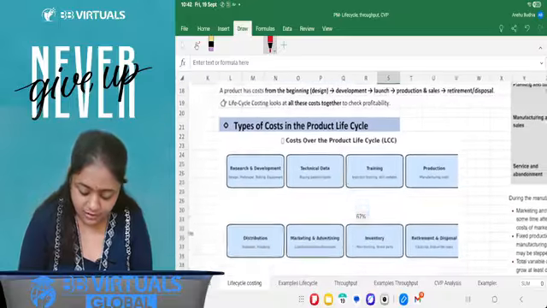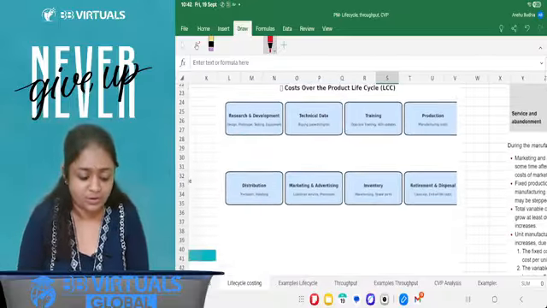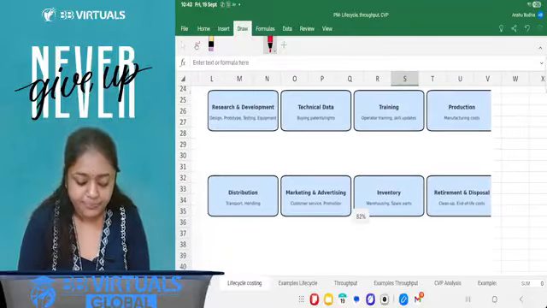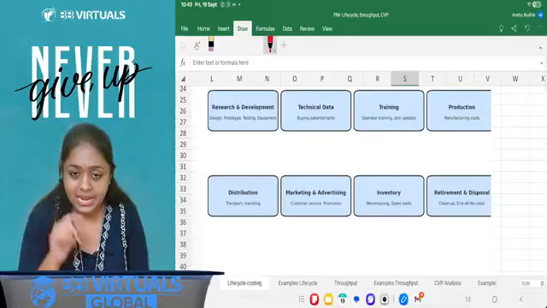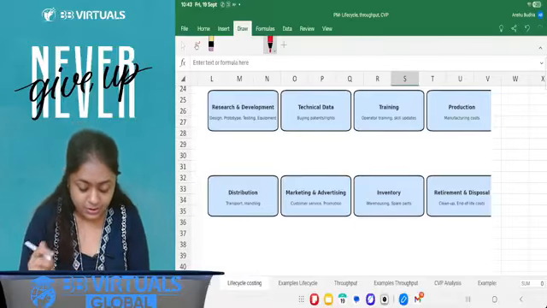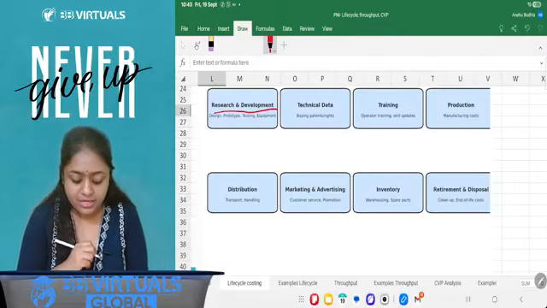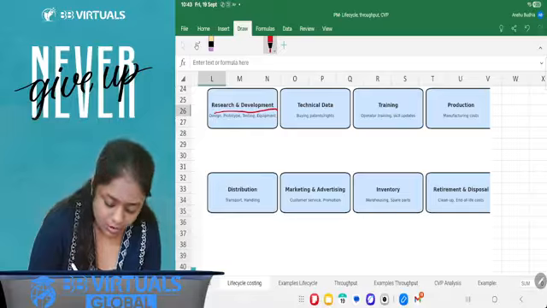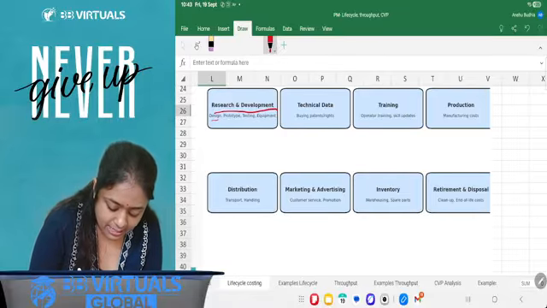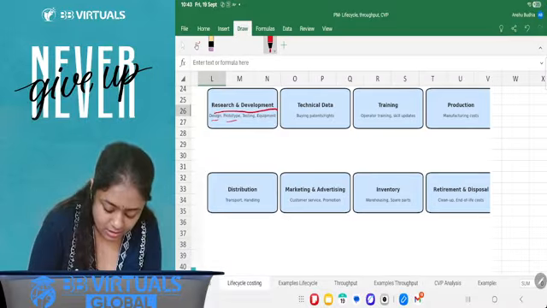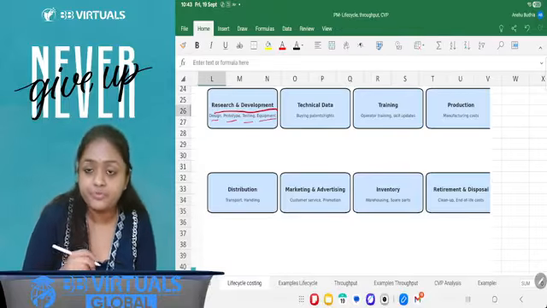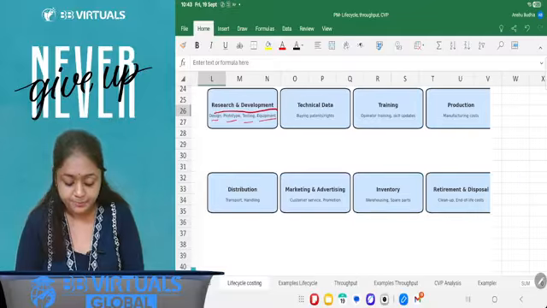So a summary of all the cost is there in front of you in the form of a flowchart. Okay, let's have a quick look. Eight main categories are there. First is research and development, that is before introduction, and we have costs here like design, prototype creation, testing, and equipment for the manufacture.